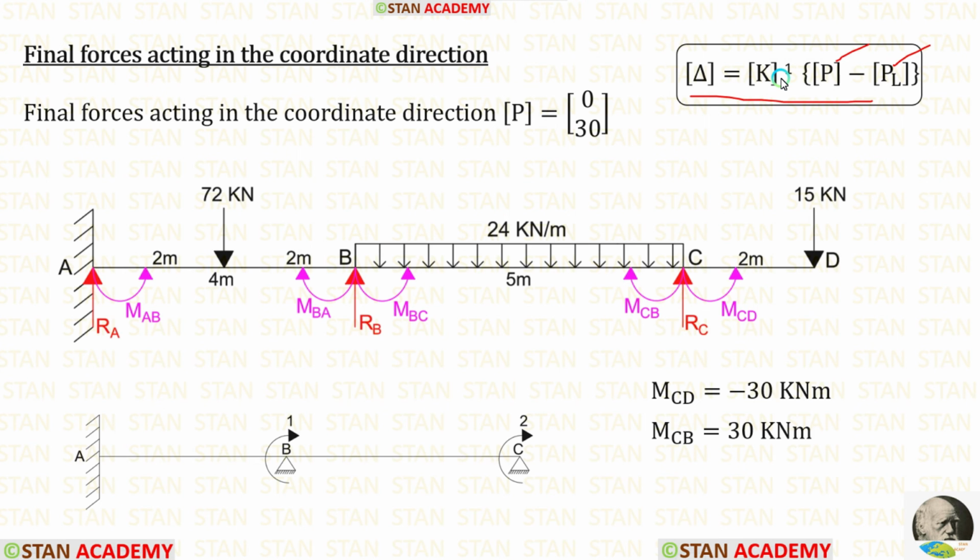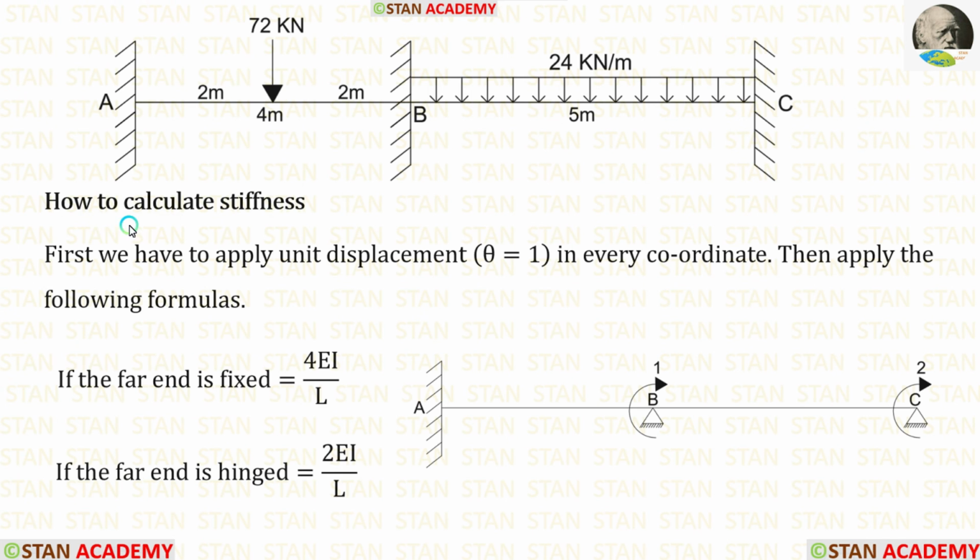Now let us calculate the stiffness matrix. Let us see how to calculate stiffness values inside the stiffness matrix. For that, first we have to apply the unit displacement in every coordinate. In this analysis, we are having two coordinates, in the point B and in the point C. So, in these coordinates, we have to apply the unit displacement.